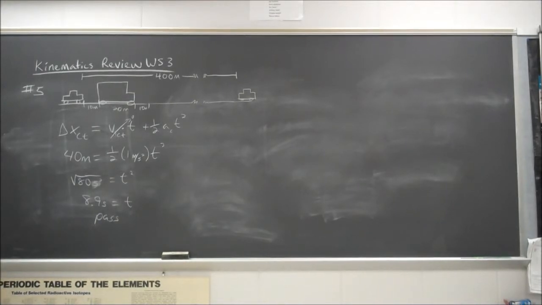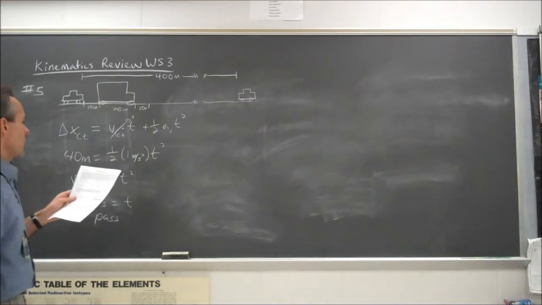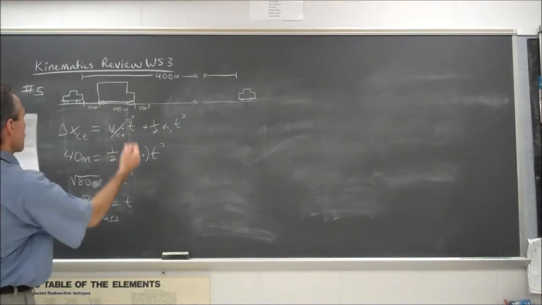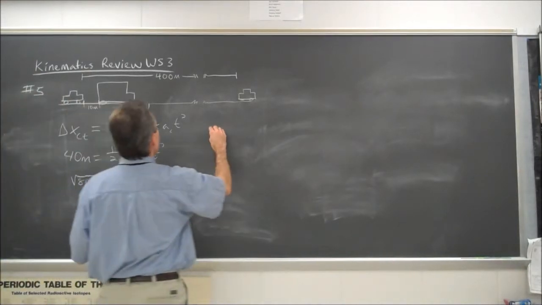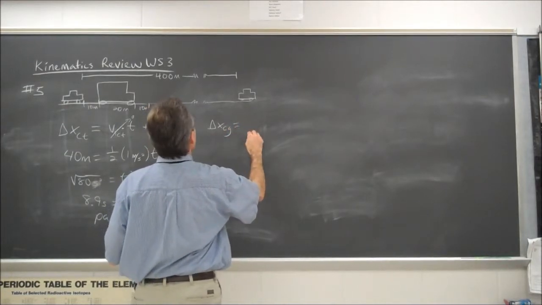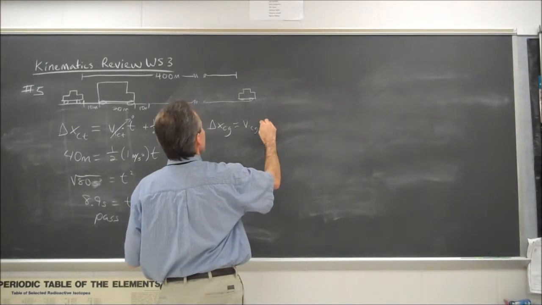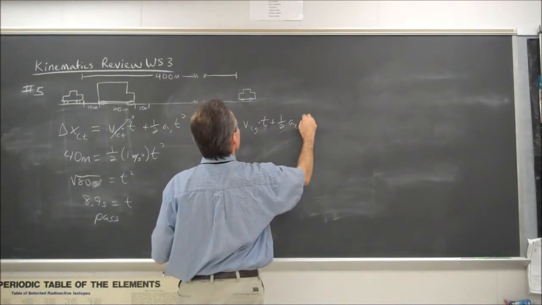So the question is, in 8.9 seconds, can he do that within the 400 meters? Well, let's figure out how far that car travels with respect to ground now, not to the truck. So the displacement of the car with respect to ground would be equal to the initial velocity of the car with respect to ground times the time plus 1/2 the acceleration of the car times t squared.